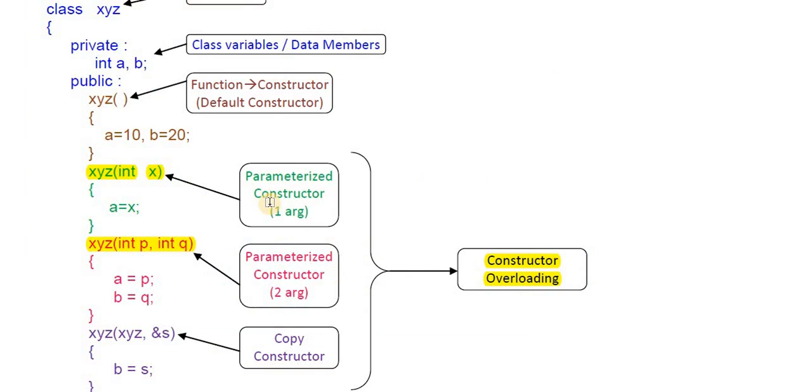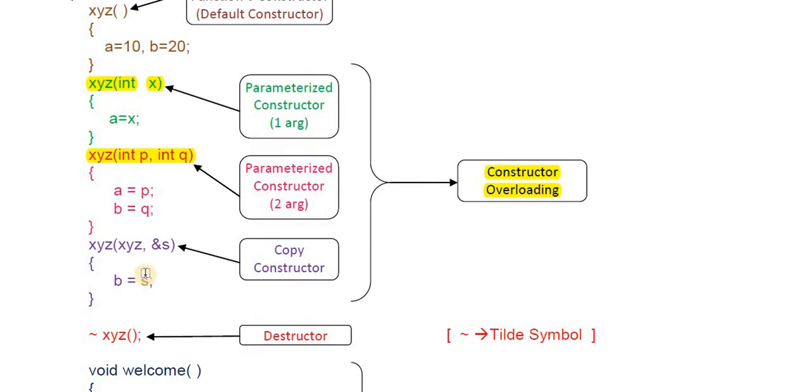So here you can see, this is a constructor xyz, and this is a copy constructor because inside the parameters we are using the xyz class name and the parameter is a reference variable. This is the body of the copy constructor.